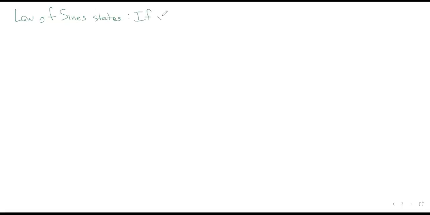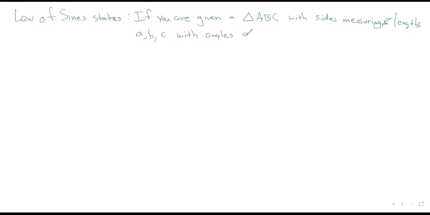If you are given a triangle, say triangle ABC, with sides measuring lengths a, b, and c, with angles opposite those sides respectively.